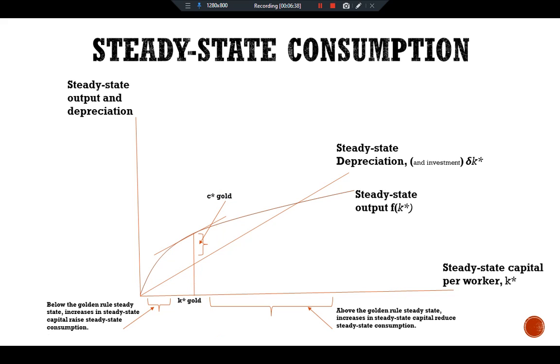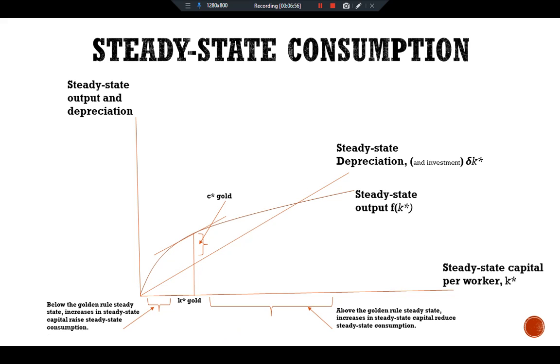By contrast, if the capital stock is above the golden rule level, an increase in the capital stock reduces consumption because the increase in output is smaller than the increase in depreciation.